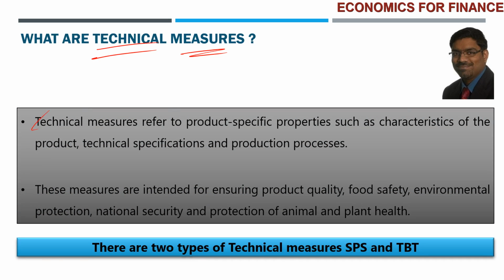So technical measures refer to product specific properties such as characteristics of the product, technical specifications and production processes. That is the kind of measures which will specify product specific properties.